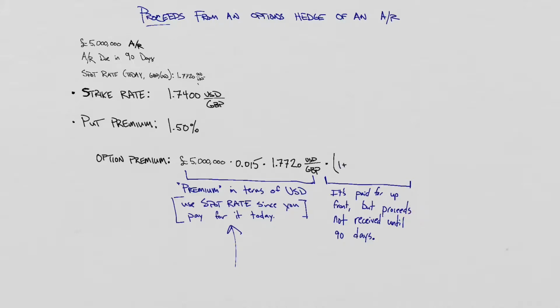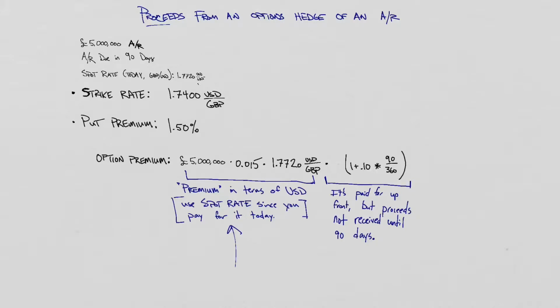And that's why we have to account for the cost, the lack of benefit in having to pay for this right up front but having to wait to receive its benefits, by using the weighted average cost of capital again.